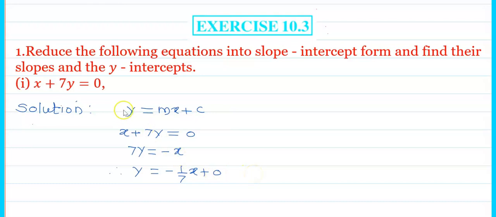If we compare this equation with y = mx + c, therefore slope m = -1/7, and the y-intercept is equal to 0, and this is the answer.